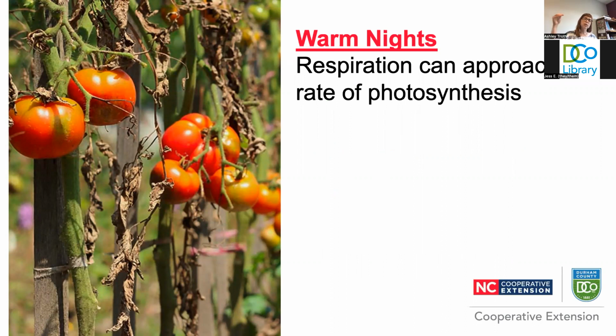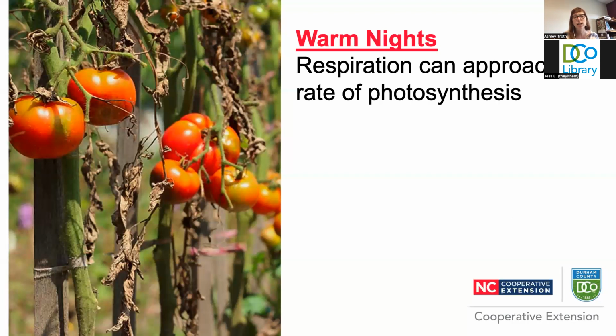So you are using more energy, you are spending more money than you're bringing in, right? And so especially if a plant has to be able to use all that energy for all these different things like defense and growth, but it's using it just trying to stay alive, right? The plants start failing. So this is kind of like that summer thing, right? Where all of our tomatoes start really flagging and we kind of just wonder what in the world's going on. And it's because of our hot summer nights, especially.